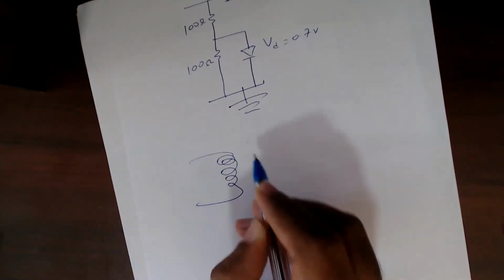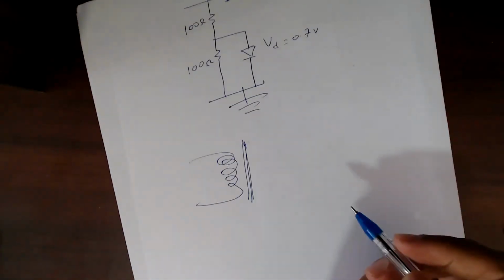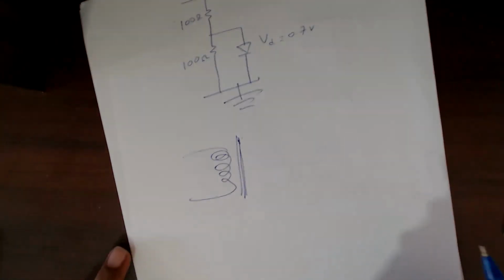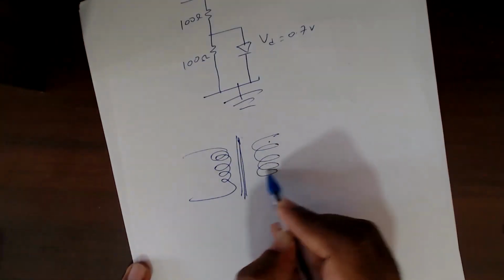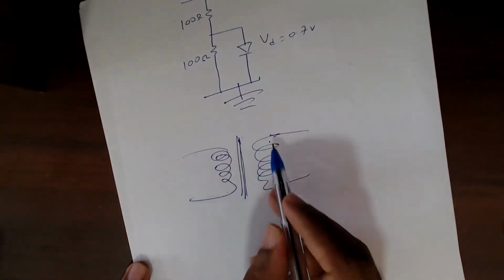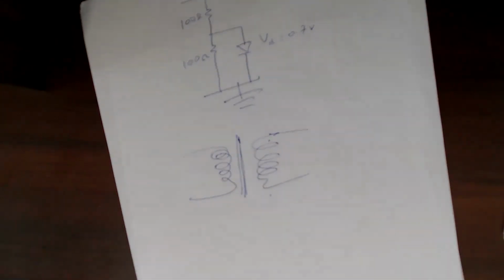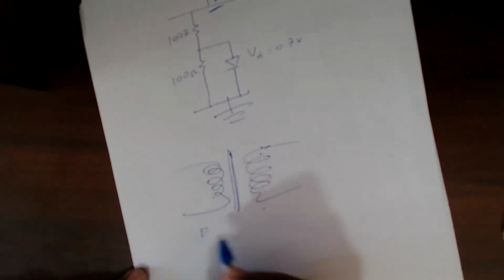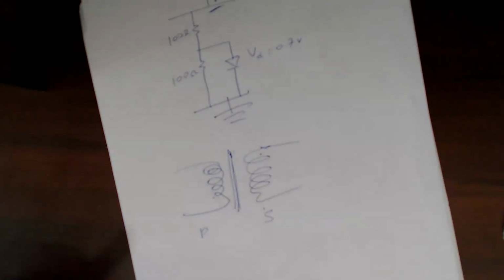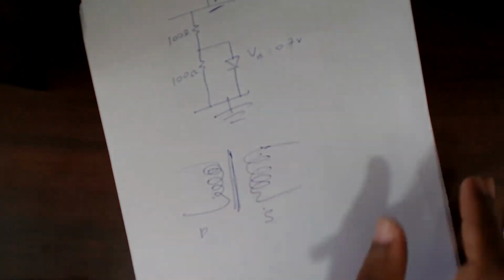You have one here, and some kind of medium, probably a soft iron core or something. Depending on the ratio of the number of windings in the primary and secondary, your output voltage can be less than, equal to, or greater than the input voltage. I think that you have learned that.